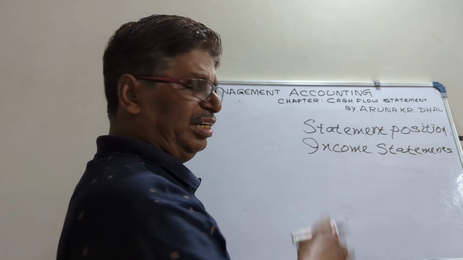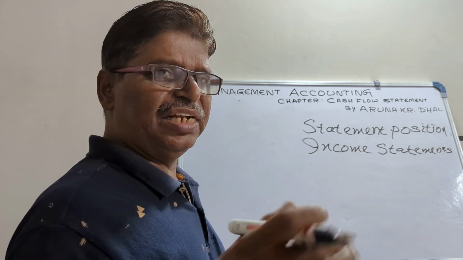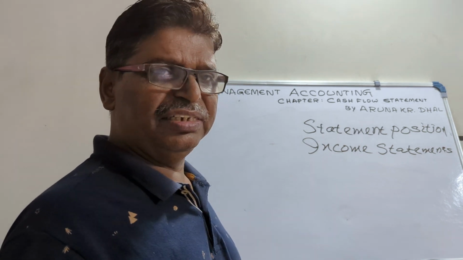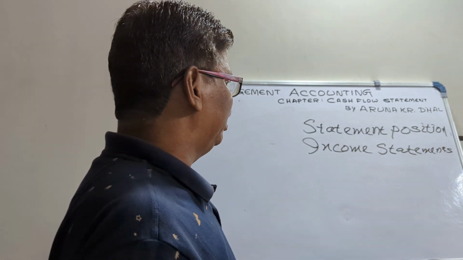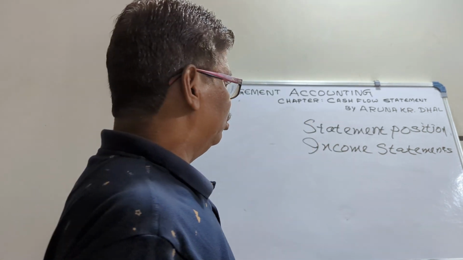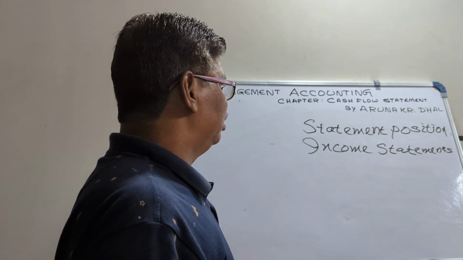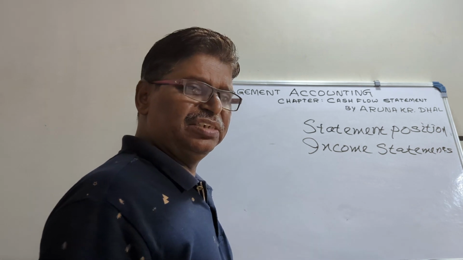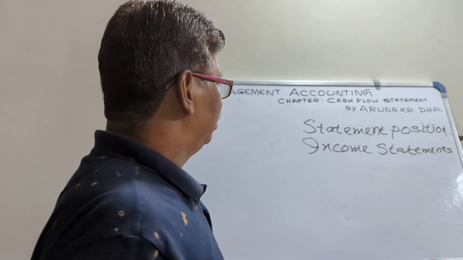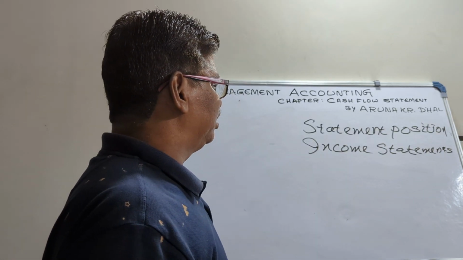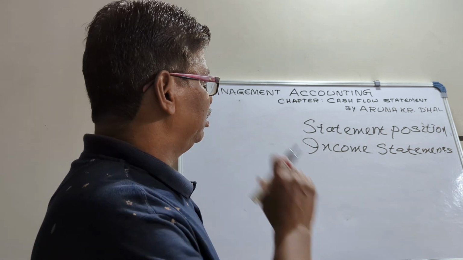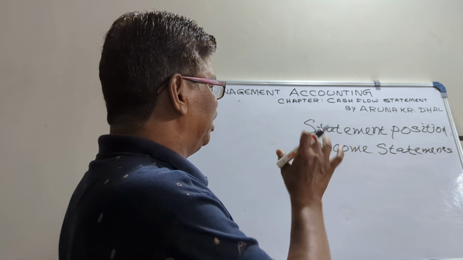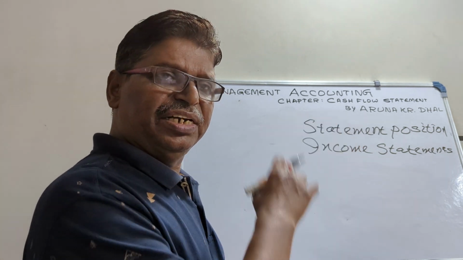Then, second, we take assets, that is non-current assets. First, properties, land and building, and plant and machinery. Then goodwill and intangible assets: goodwill, patents, trademarks, copyrights. Then current assets, that is receivables, which include bills receivable and sundry debtors.